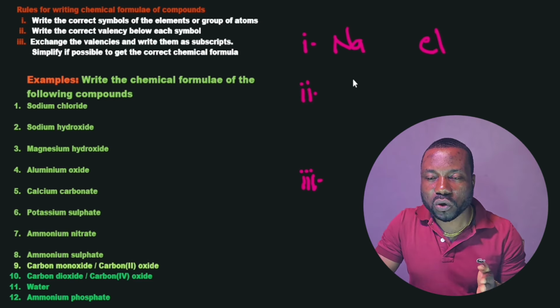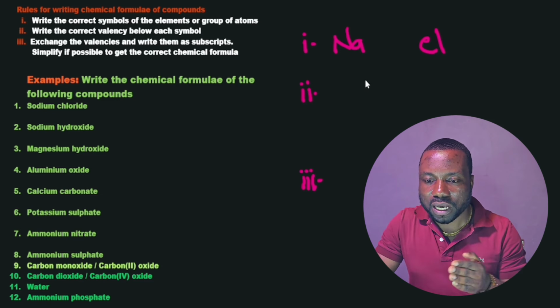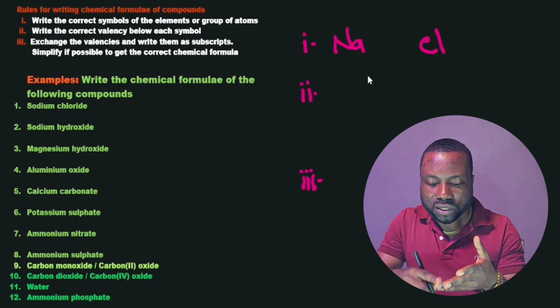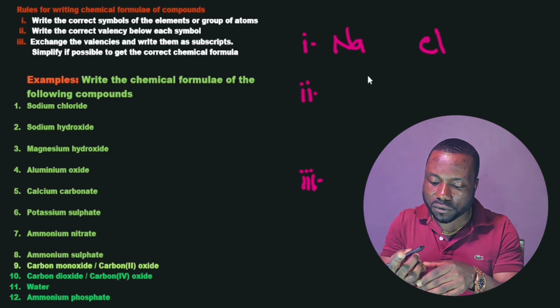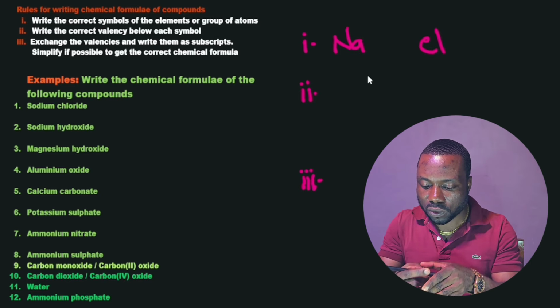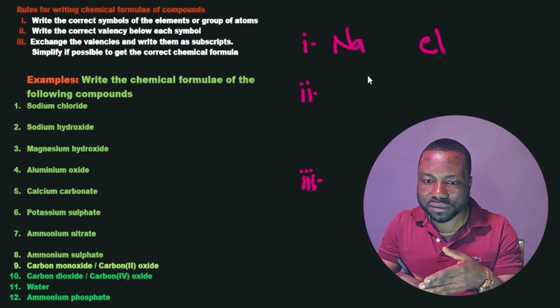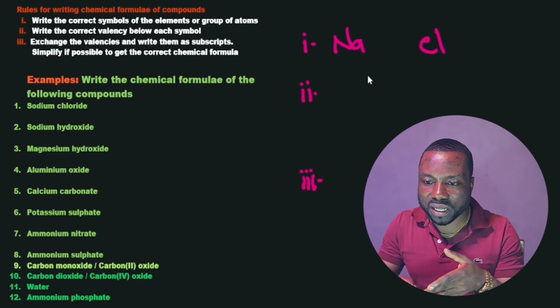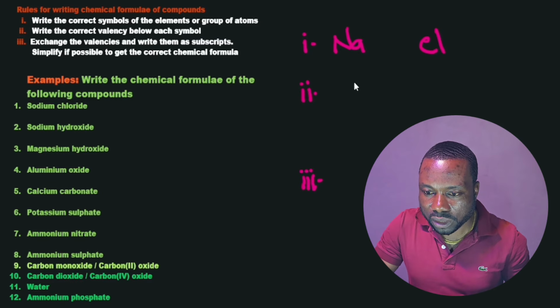If you sing the song, you will realize that nation is at number 11. Now, counting 1, 0, 1, 2, 3, 4, 3, 2, 1, 0, 1. You see that you arrive 11 at 1. So the valency of sodium is 1.